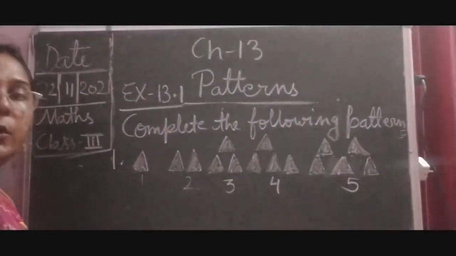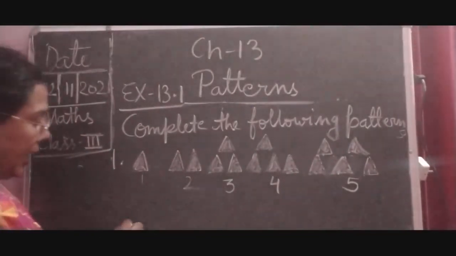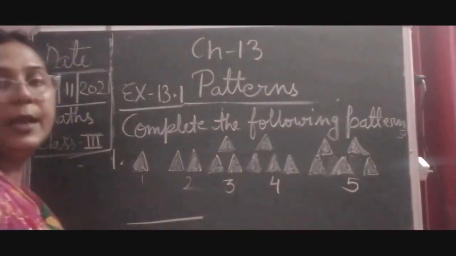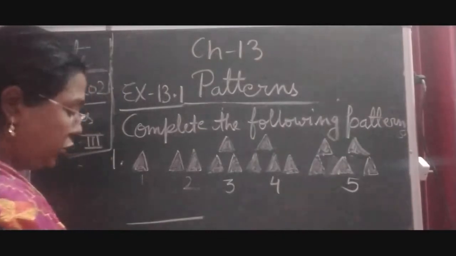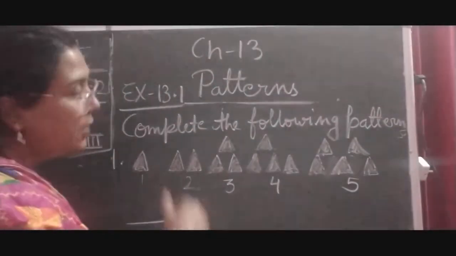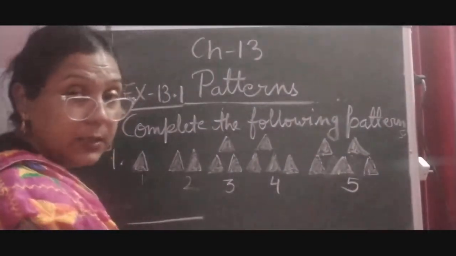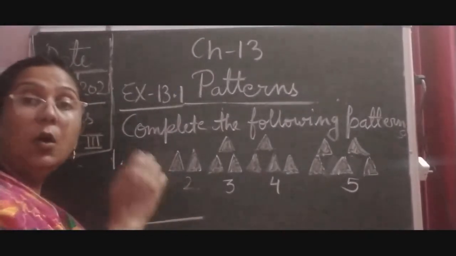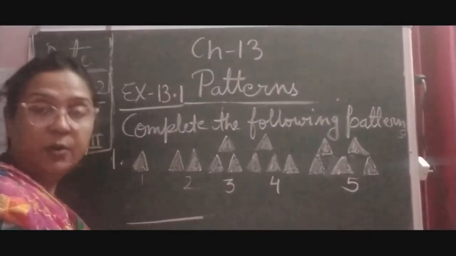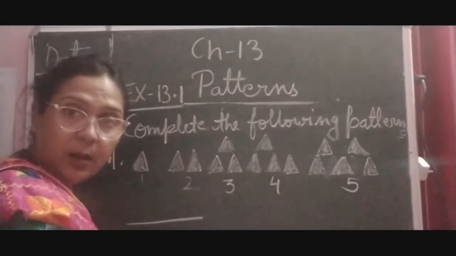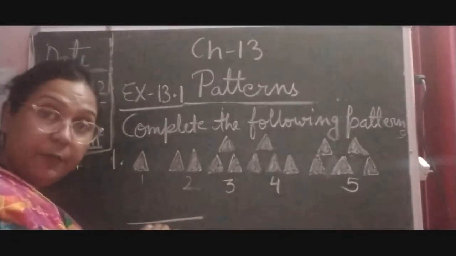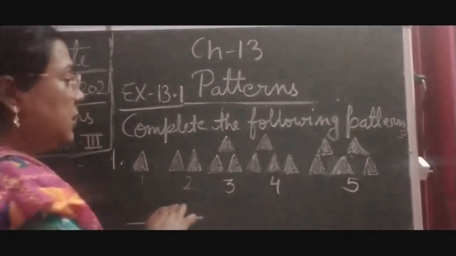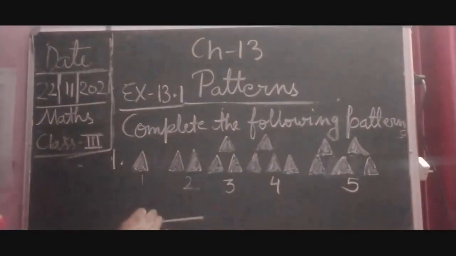Okay. So your question is: in the next figure, the answer you have to write, how many triangles will there be? Because the pattern is moving on with one more triangle. We are adding one more triangle. So what we will do in the answer, we just add in the similar pattern.